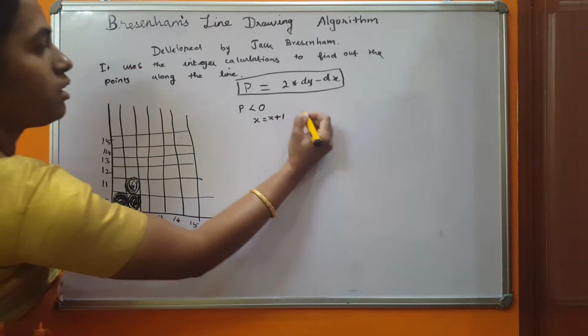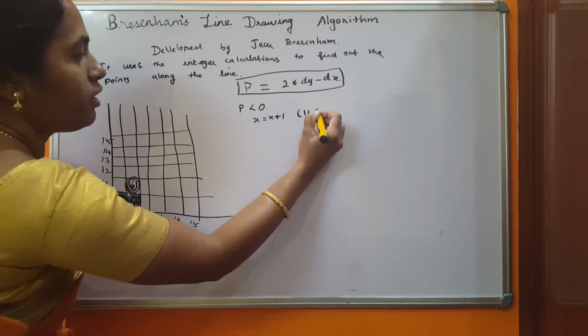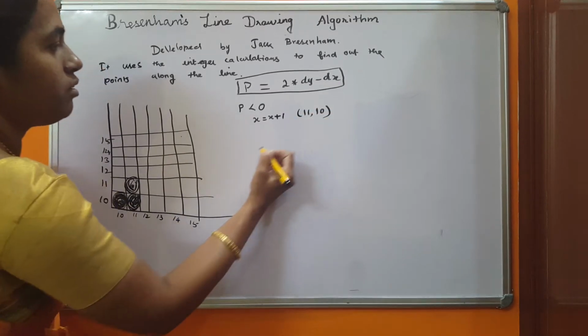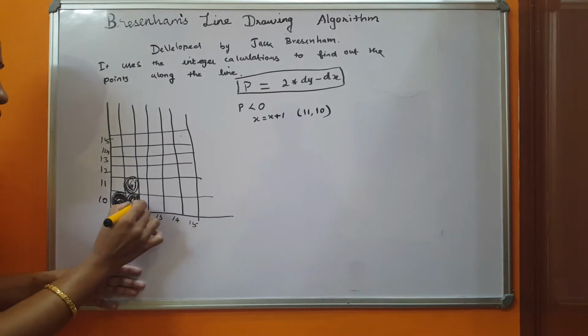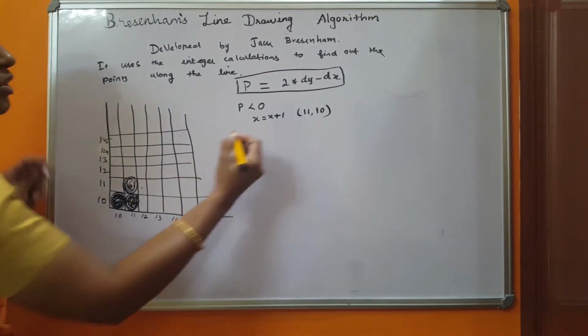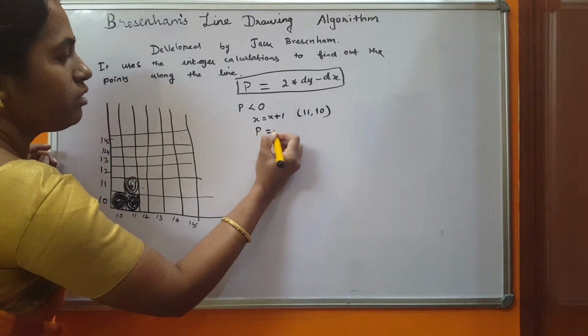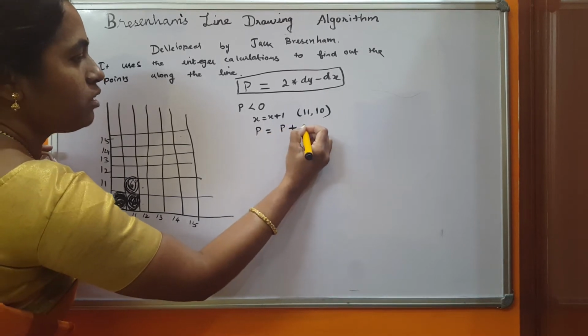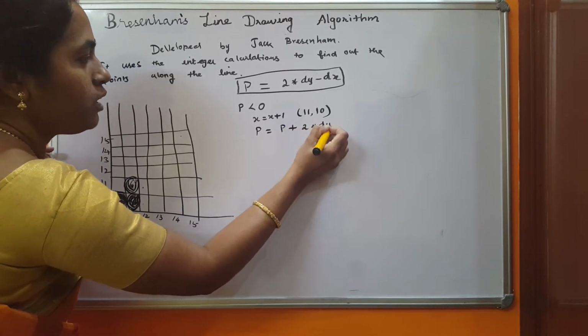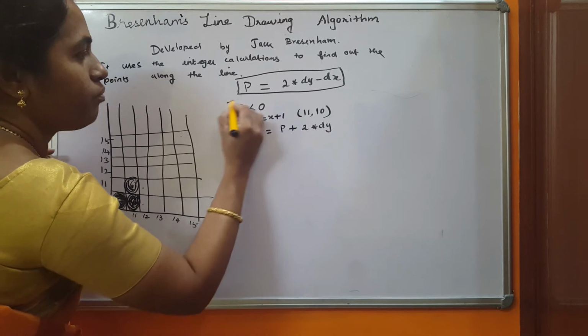This is 11, 10. To find out the next point, new P value is used. So P equal to P plus 2 asterisk dy. This procedure is repeated.